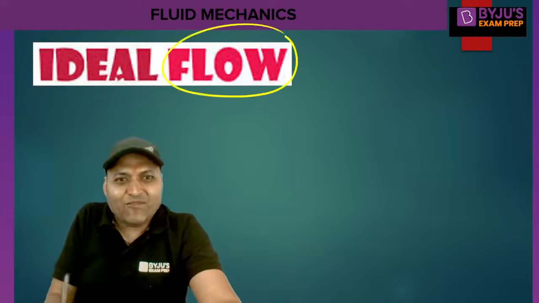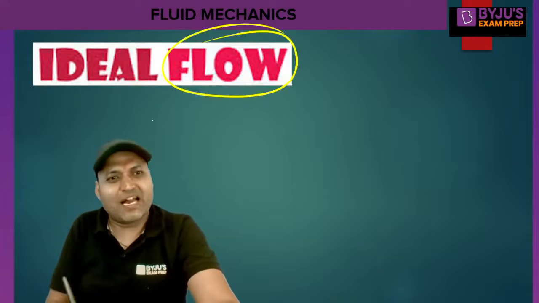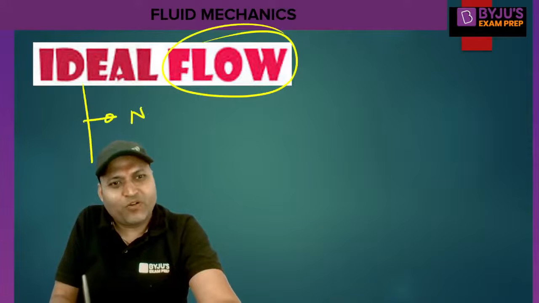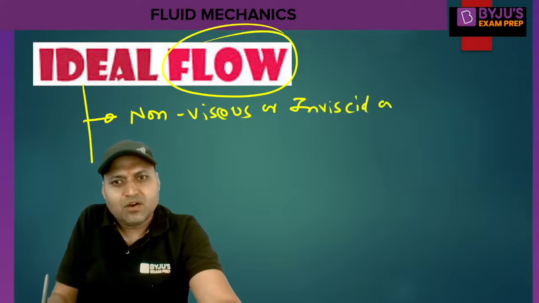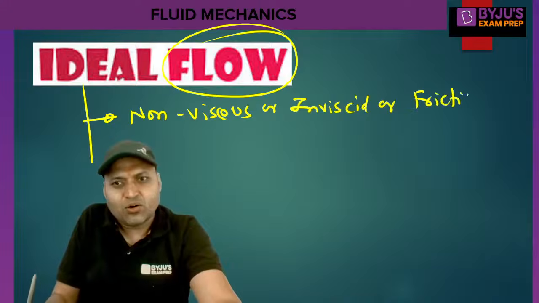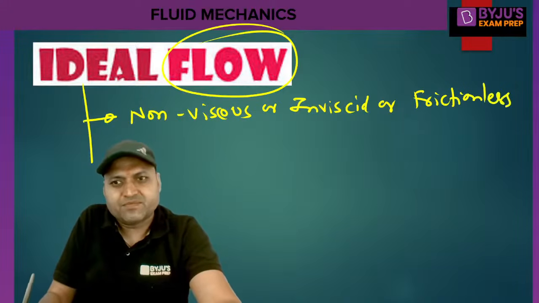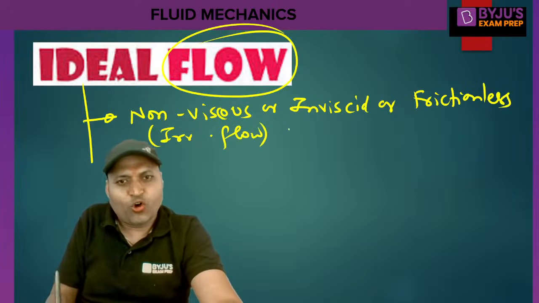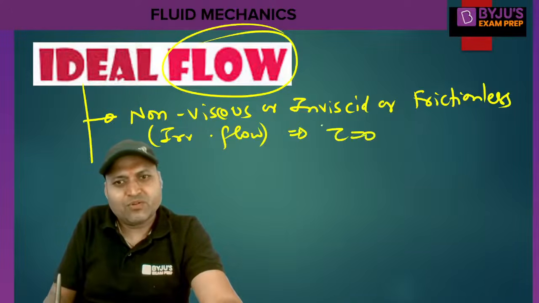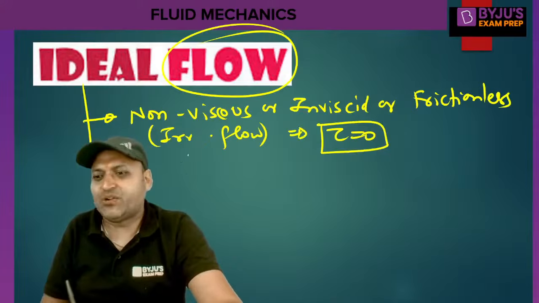What is ideal flow? There is a difference between ideal fluid and ideal flow. I told you the flow which should be non-viscous or inviscid or frictionless, or we can call it irrotational. When tau is equal to 0, when shear stress developed is 0.